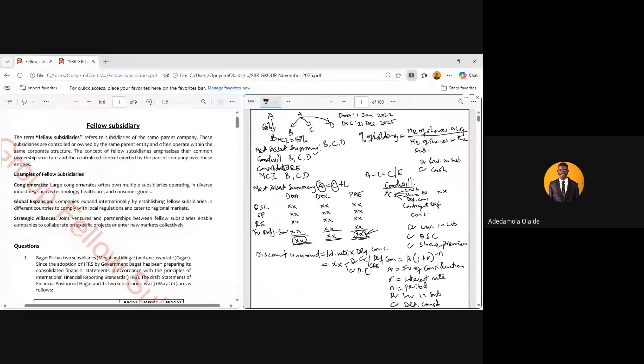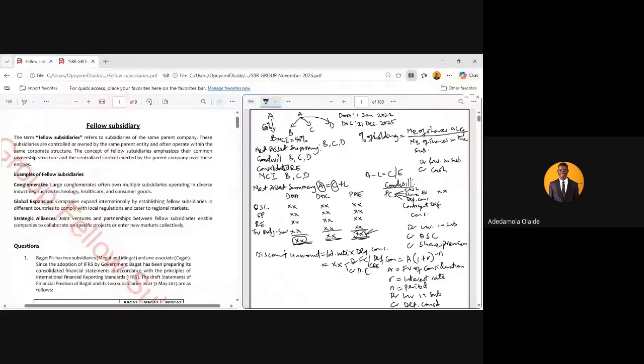Now, every year we will be doing fair valuation of that contingent deferred consideration. If the fair valuation increases, we debit the difference to where? We debit it to consolidated retained earnings or finance cost, as the case may be, and we credit it to the contingent deferred consideration account.